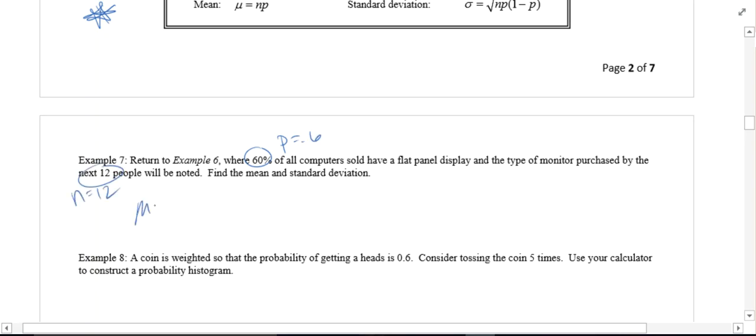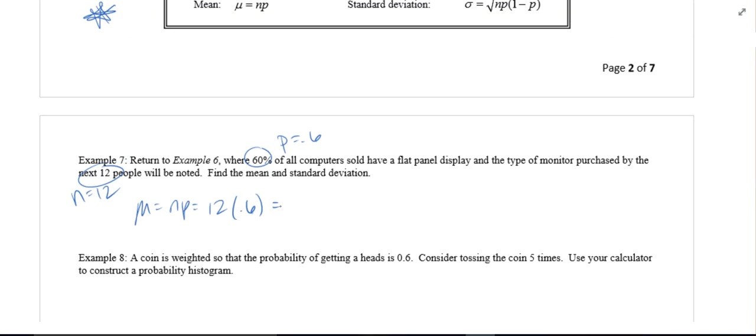Okay, so our mean is n times p, which is 12 times 0.6. If you don't already have your calculator out, grab it. If you multiply those together, you're going to get 7.2. Okay, so on average, 7.2 people get a flat panel display.